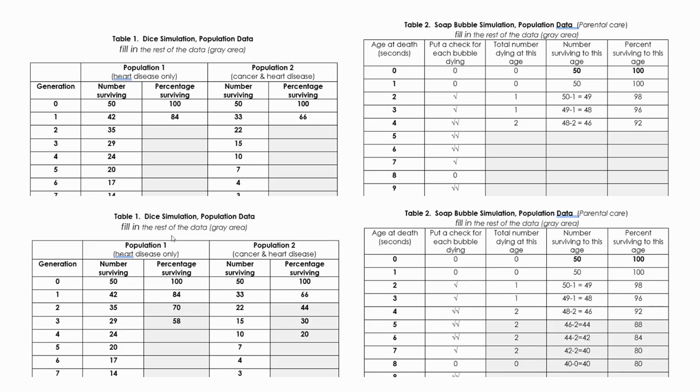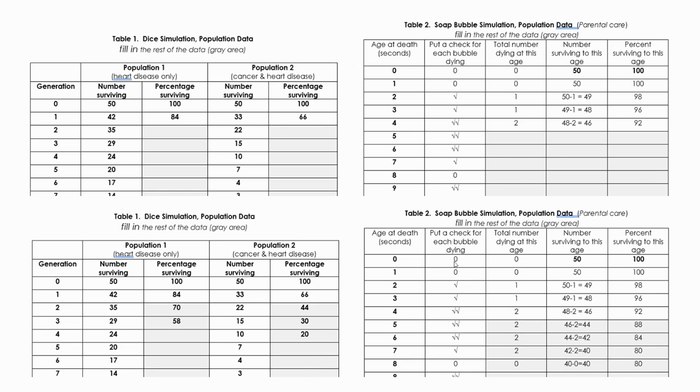I'm going to do this for you for the first couple. So basically how you get to these numbers, you just double this one, because we were smart. We started with 50 dice, because what we're graphing is the percentage. So for the population here, this is where the numbers go, and then you just fill in the rest of these. This is exactly the same idea.